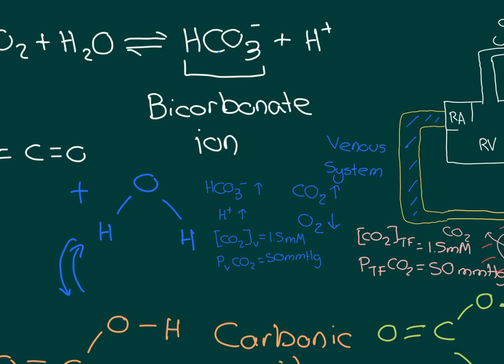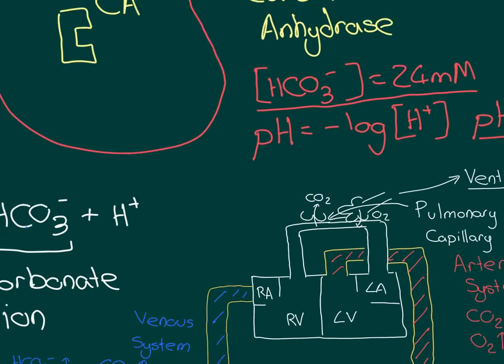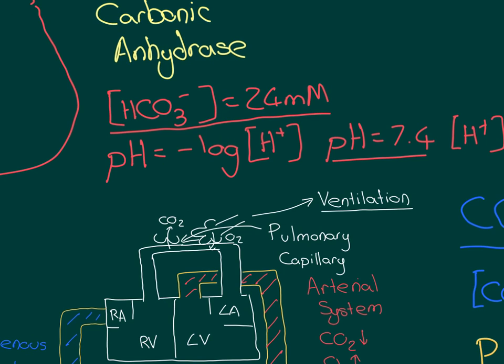Now that means that the bicarbonate concentration and the proton concentration are going to increase slightly. However, as I spent ages telling you a few moments ago, it doesn't mean these numbers change significantly. It is important to understand that the bicarbonate concentration will be slightly higher in venous blood compared to arterial blood, and also that the proton concentration will be slightly higher and therefore the pH slightly lower in venous blood compared to arterial blood.